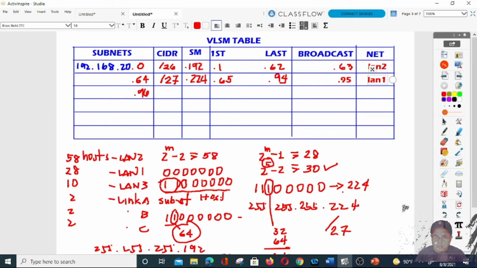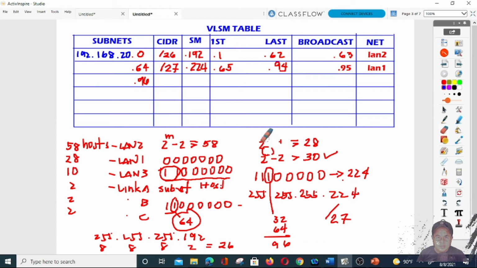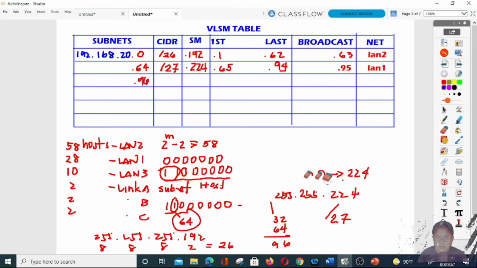Now our next requirement will be the next highest number, which is 10. What will be our new subnet now, and then get the increment.